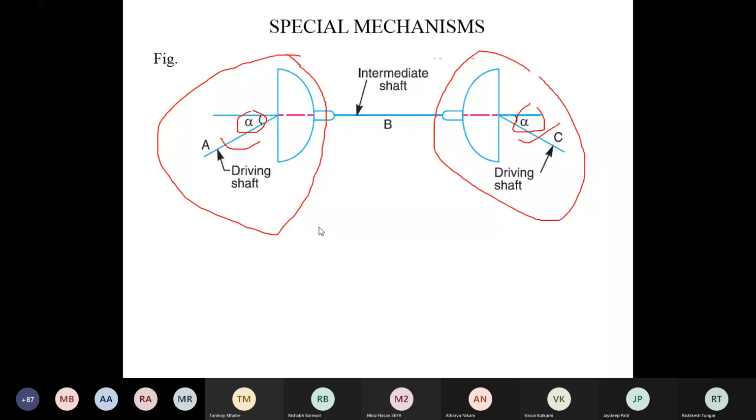So, practical example of double hook joint, you have to see. If you see the tractor.